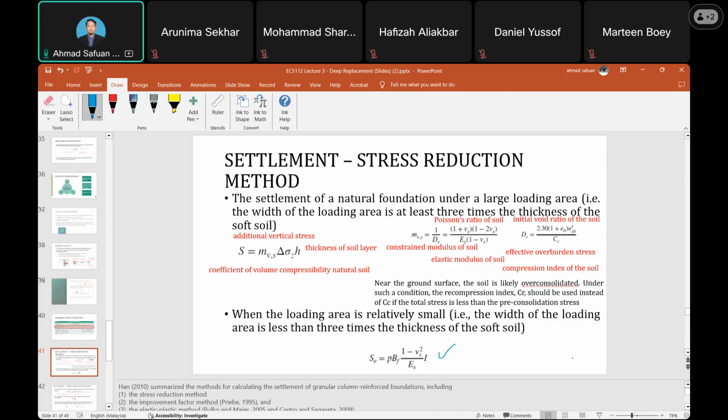There is a table to estimate the I value. It depends on the width over the thickness of the soft soil.